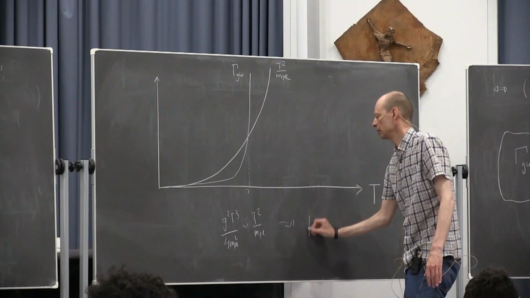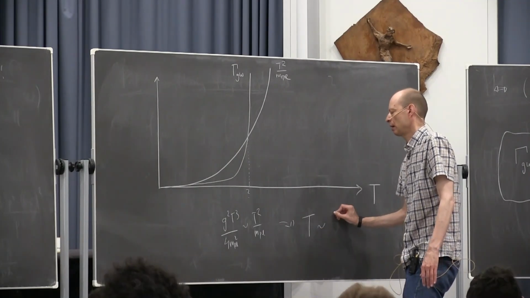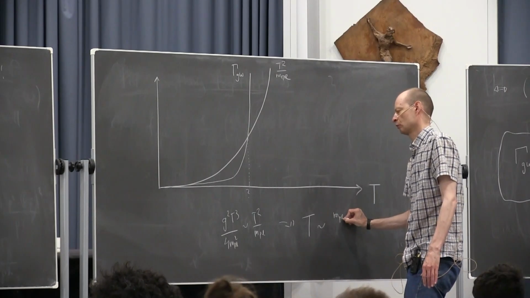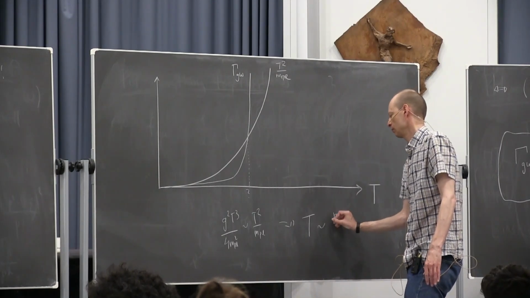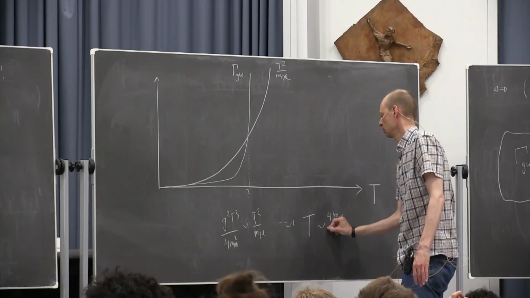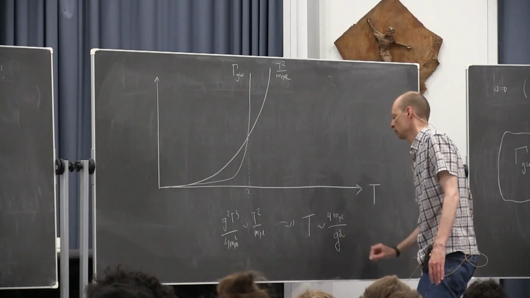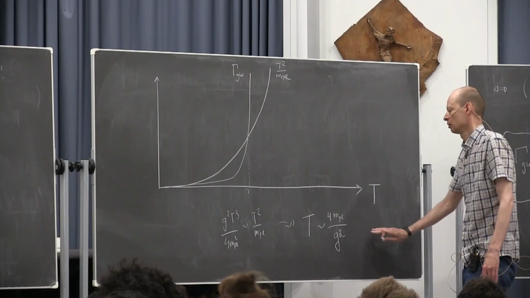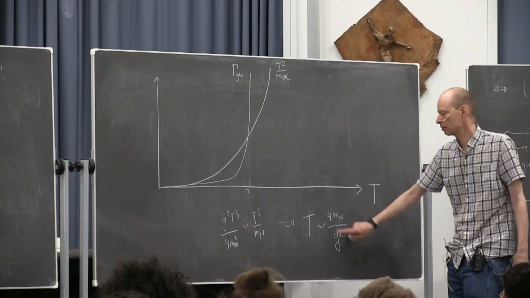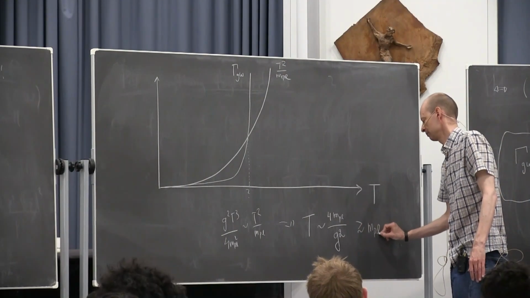It says that T is of order 4 times M Planck divided by g squared. And this is supposed to be less than 1, so this is larger than the Planck mass.